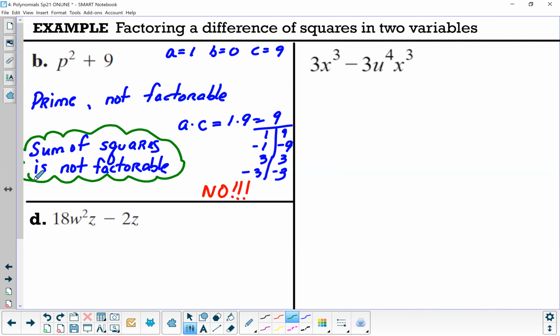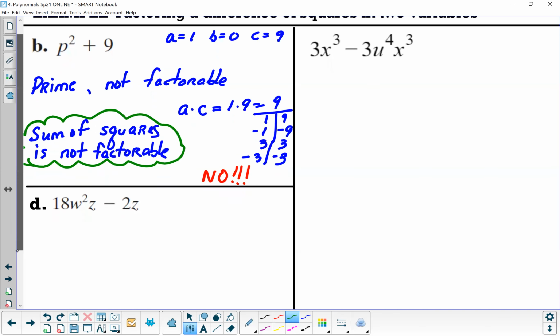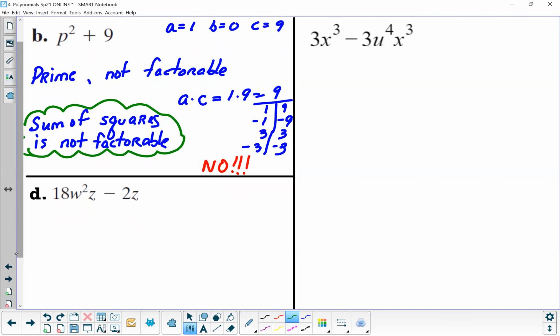Okay, let's take a look at D. So here we have 18w squared z minus 2z. Now, the only polynomials that we had with two terms were difference of squares.